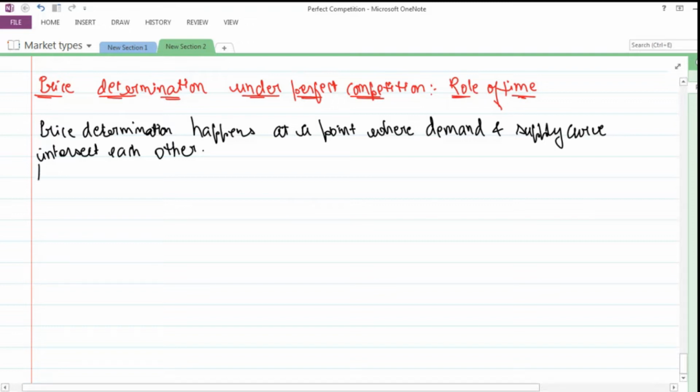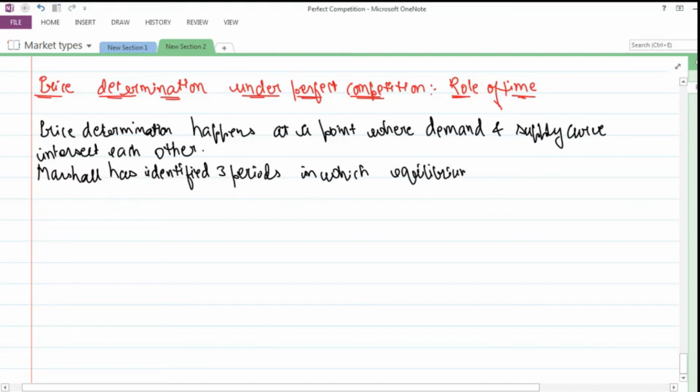So Marshall has identified three periods in which equilibrium between demand and supply can be brought about.